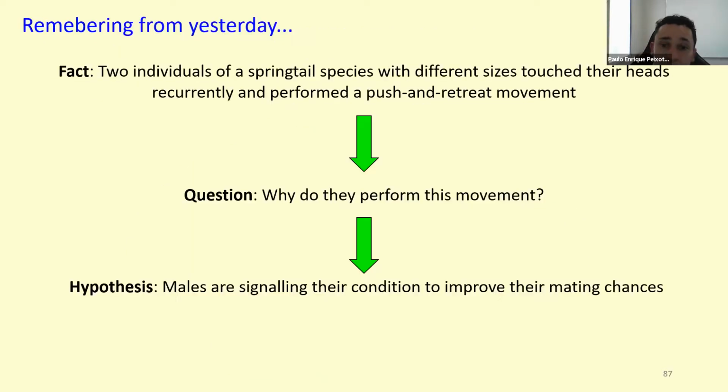For example, today, when I was starting this course, I provided this hypothesis for you, that males are signaling their condition to improve their mating chances. But why did I choose this hypothesis? What were the bases of this hypothesis? So I actually used a theory to do this. I was basing this hypothesis on the theory of sexual selection.